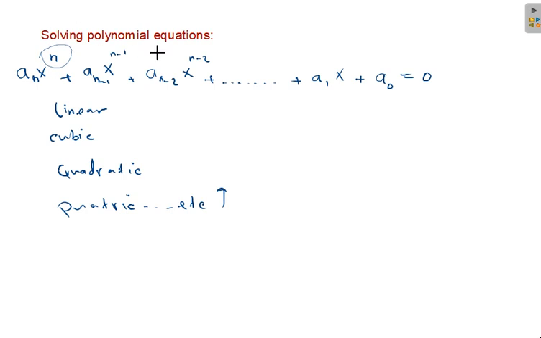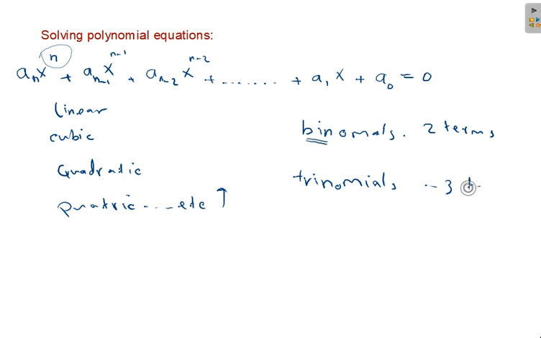Depending on the number of terms, we can call them binomials, which consist of two terms, or trinomials, which is three terms, and so on.